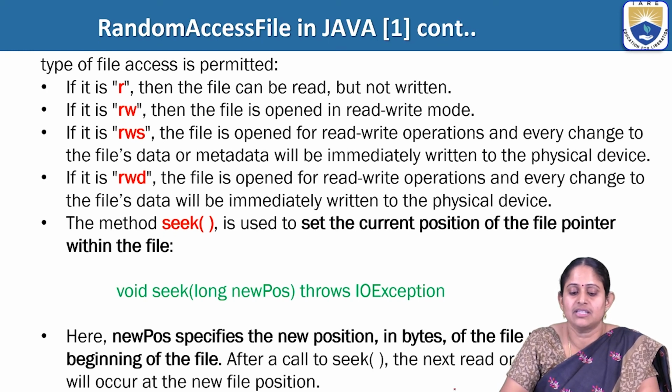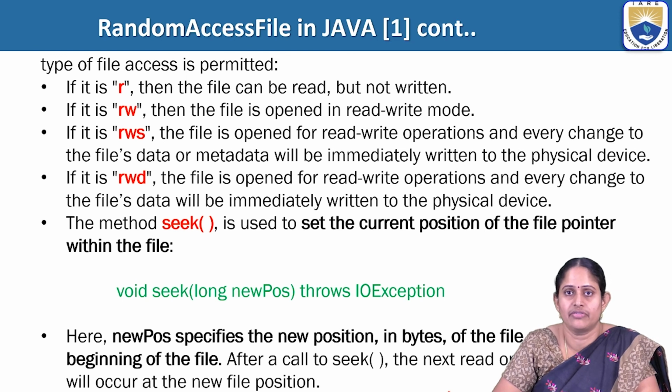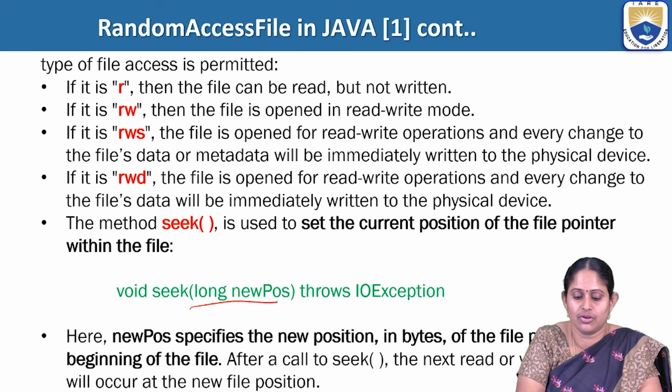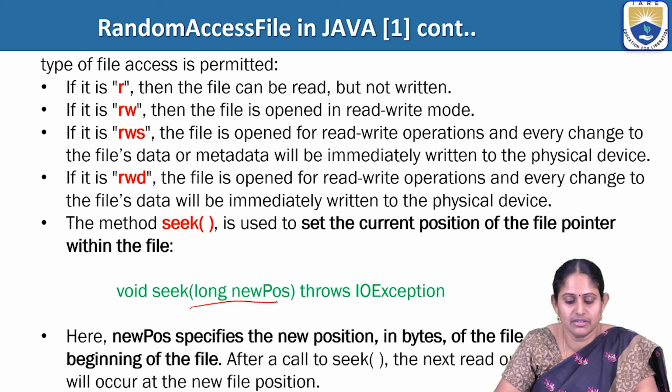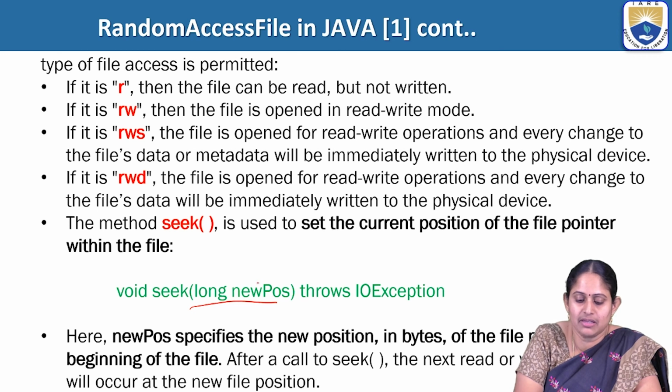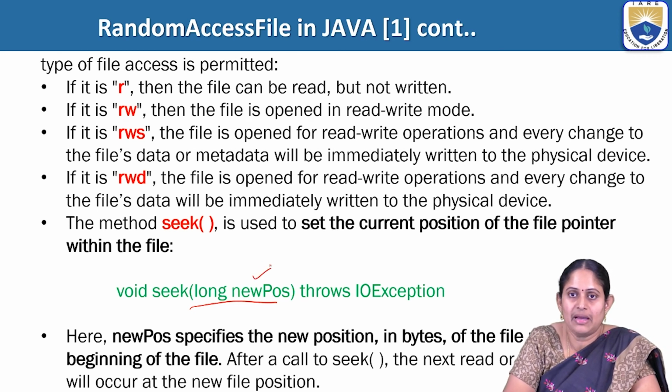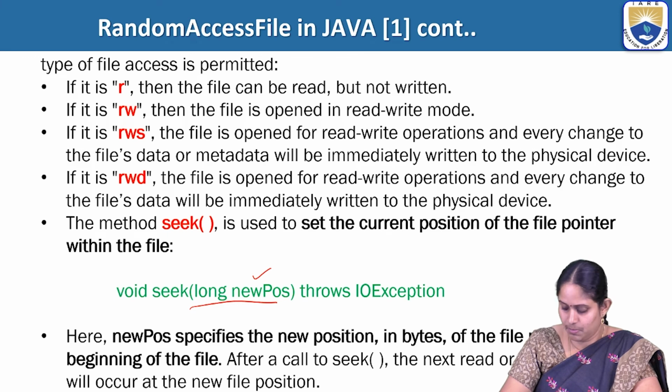And the seek method is used to set the current position of the file pointer within the file. In the syntax for the seek method, we can pass a location as a parameter so that it positions the file pointer at that particular point.